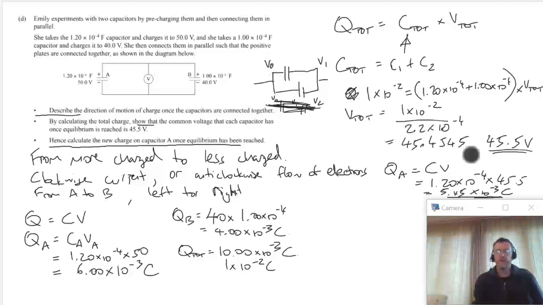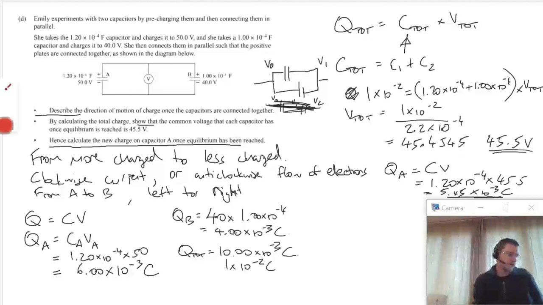Now, if you hadn't managed to work this out, you could still have worked out the new charge on capacitor A as long as you had this formula, which gives you a lot of options for getting some points here. I'll show you why.